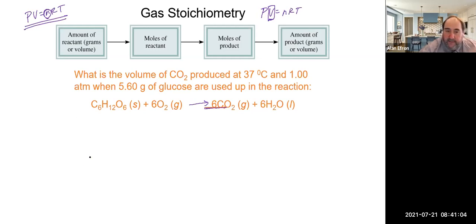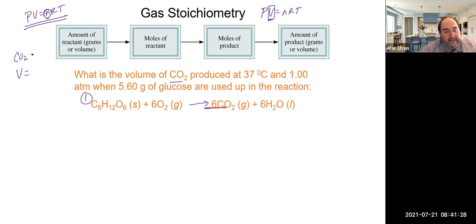And if we look at some of the information here, let's see what we got going. First off, we do want to balance the equation. So we do have an equation here. It is balanced. We're given some information. We are looking for the volume of CO2.